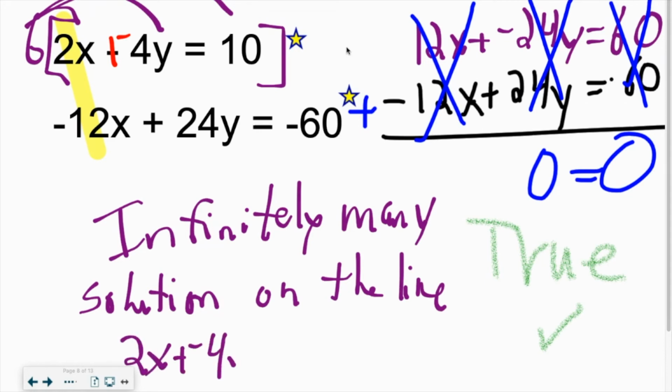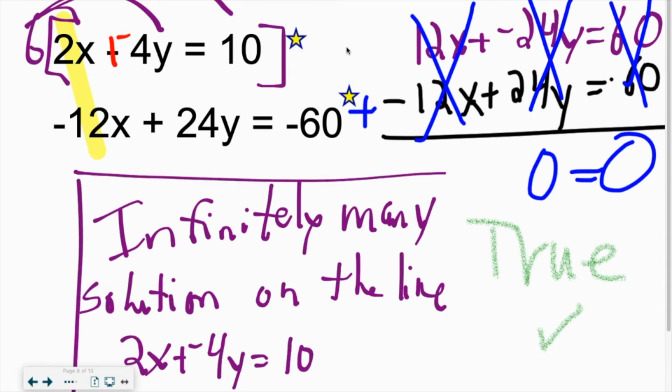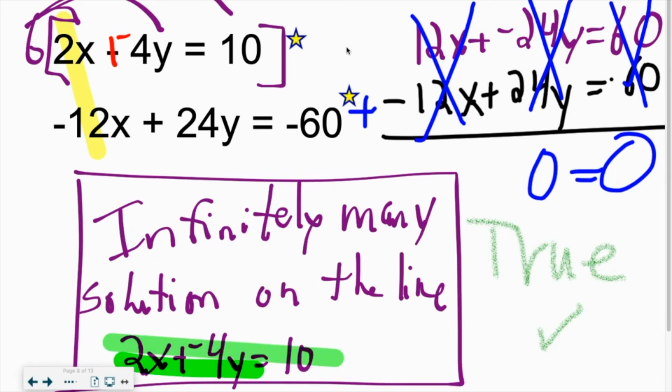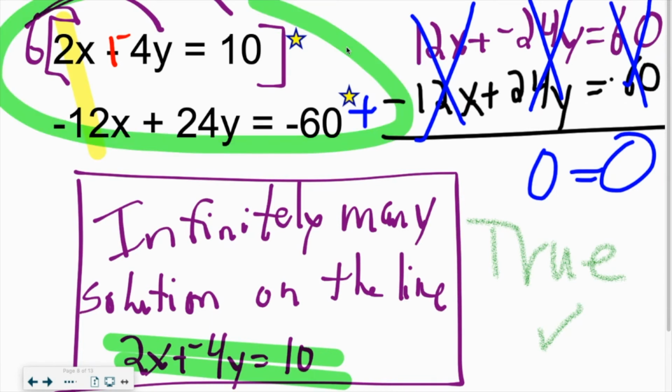Because if it's a solution to this line, it's a solution to the entire system. So it's not just any number, it has to be on this line here. So when you get a truth statement, don't just leave it at infinitely many solutions. Make sure you add in one of those equations from the original system.